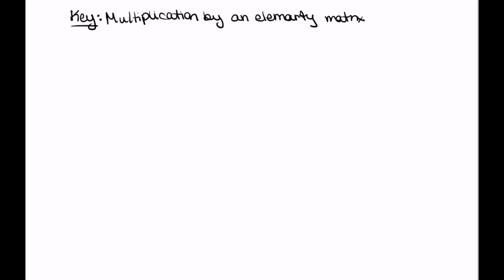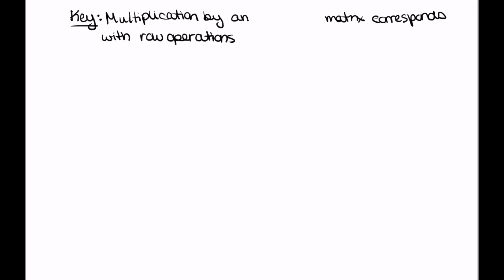In particular, it corresponds to the row operation that is used to get from the identity to it.